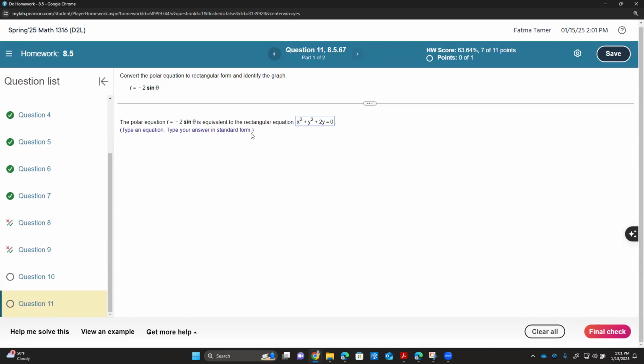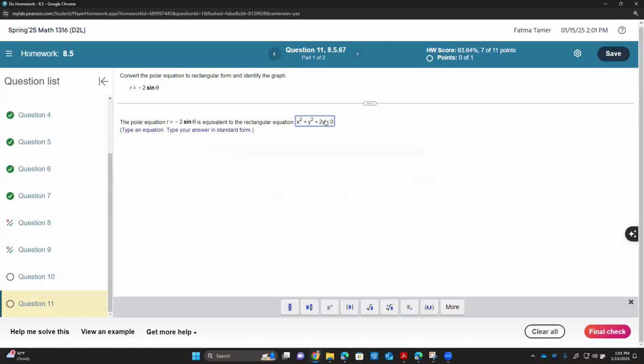And when they say they want the answer in standard form, I know that here I can add 1 to make this a perfect square trinomial. So here I can write it as y plus 1 to the second power. And then that makes my 0 change to a 1.